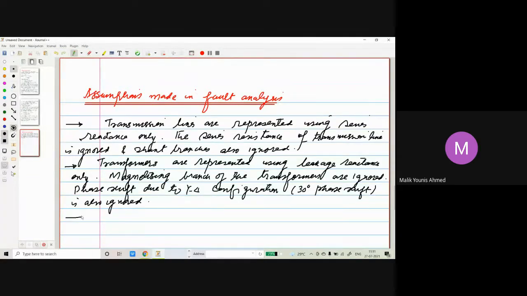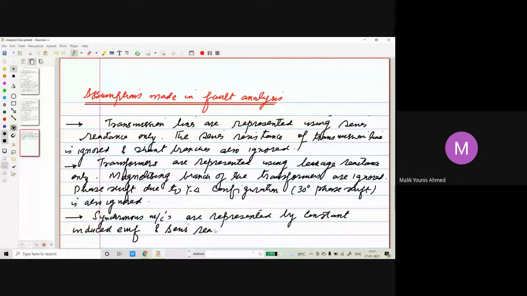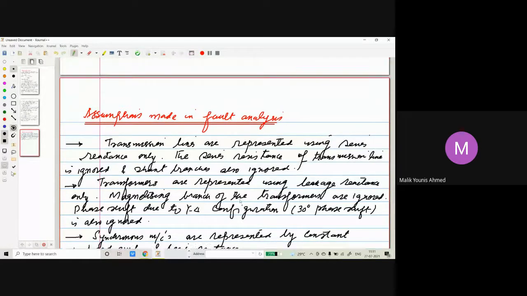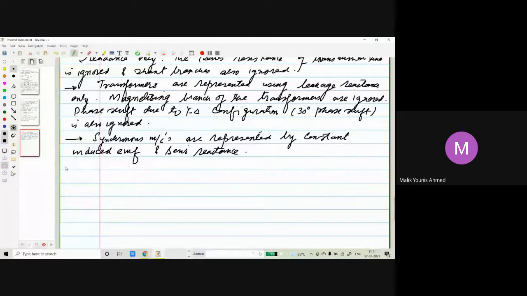Next is synchronous machines are represented by constant induced EMF in series with reactance. That we have already seen.